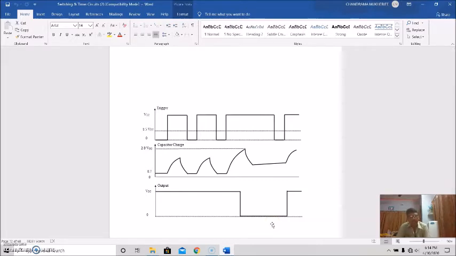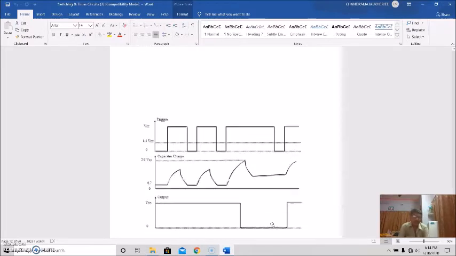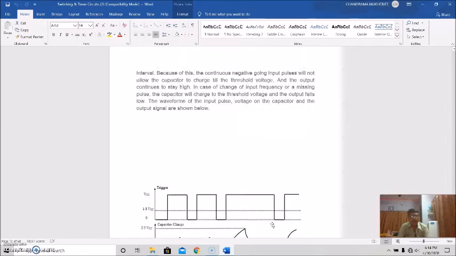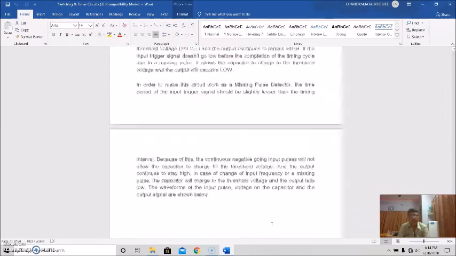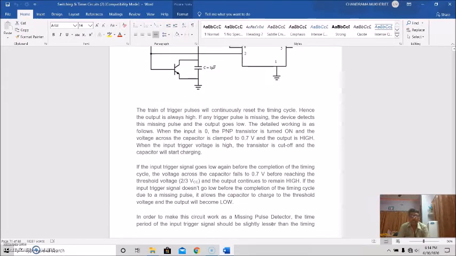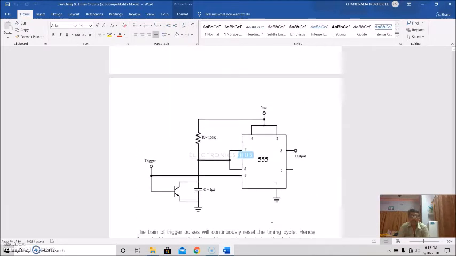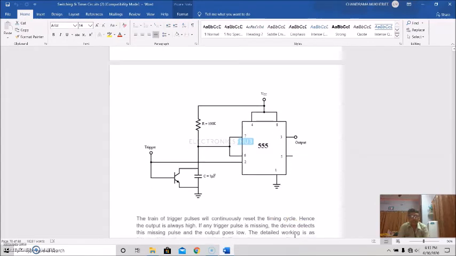Using 555 timer circuit. So first of all, we have discussed the monostable multivibrator circuit using 555 IC, its circuit diagram. Then we have talked about its operation and its waveform, and after that we have discussed the applications of the monostable multivibrator circuit for different purposes.